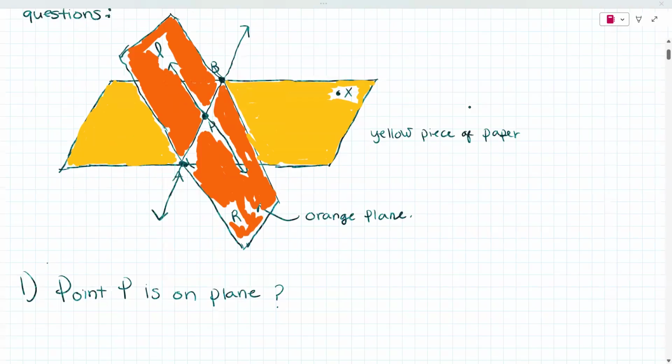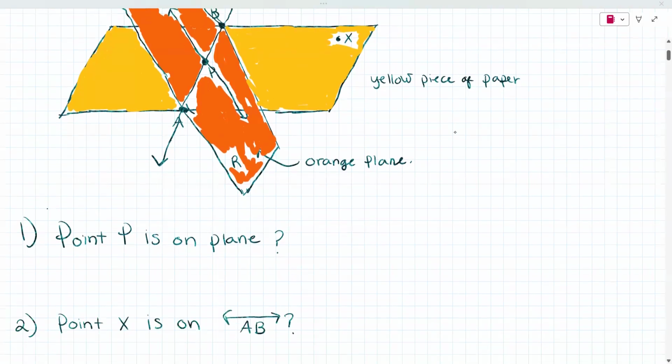Question 1 says, is point P on plane? So where's point P? Yes, point P is on the orange plane, right? It's actually in both orange and yellow. So I'm going to say true.